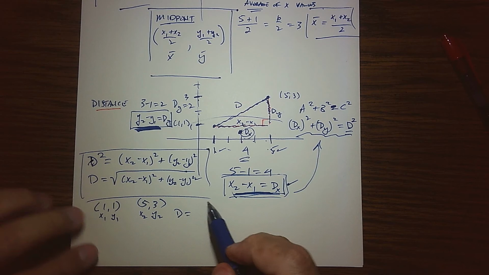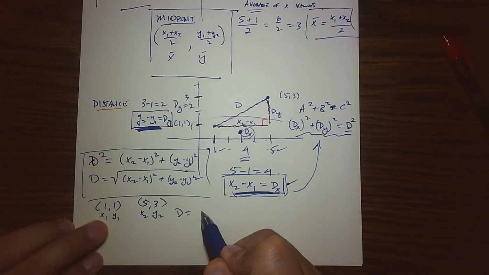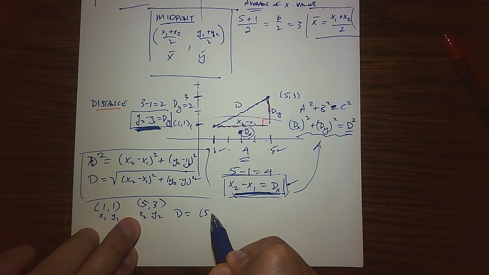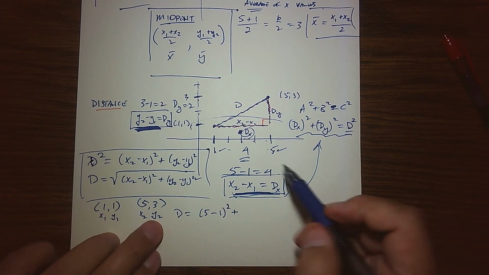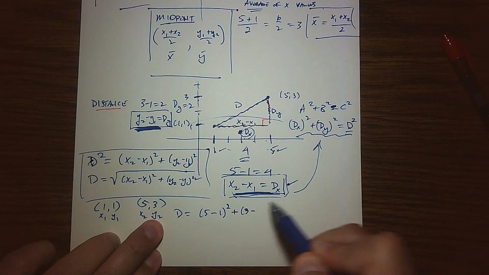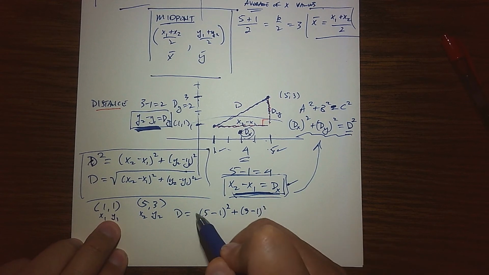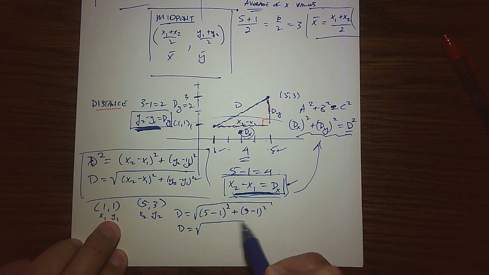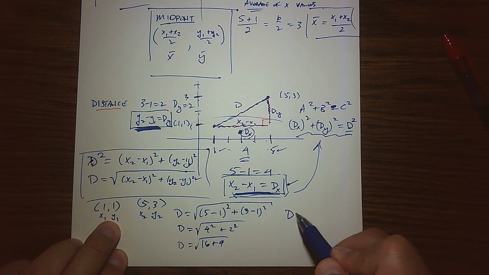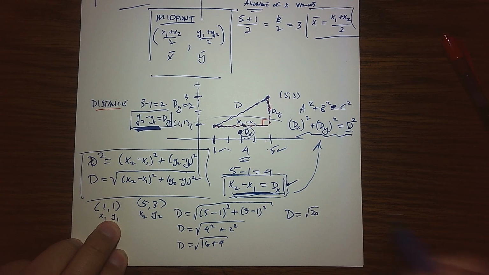So my distance is my x2 minus my x1 squared plus my y2 minus my y1 squared, and we take the square root. And so this gives us, I think this is 4 squared plus 2 squared, and I think that's 16 plus 4. Right now what we get is d is equal to the square root of 20.